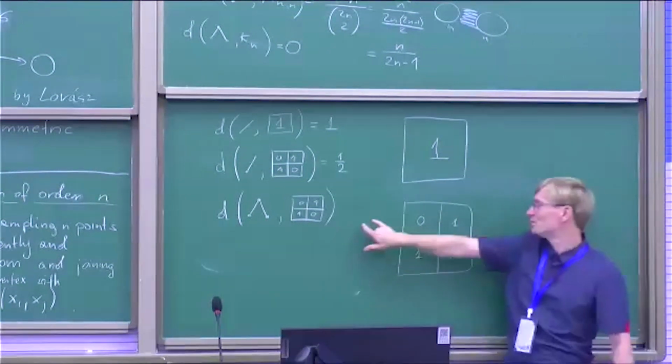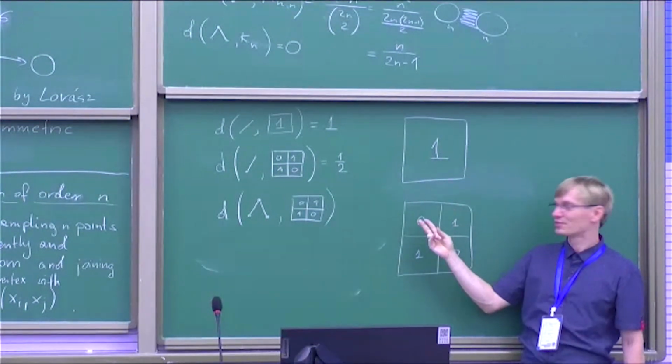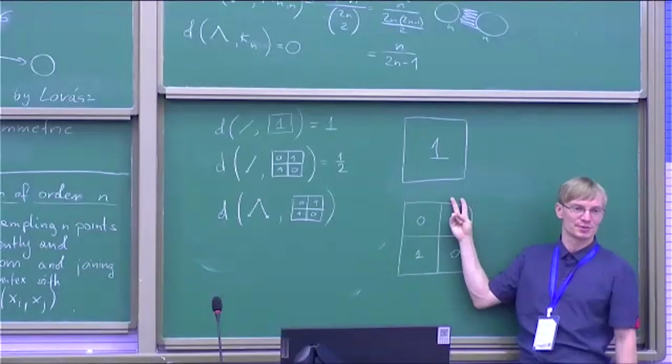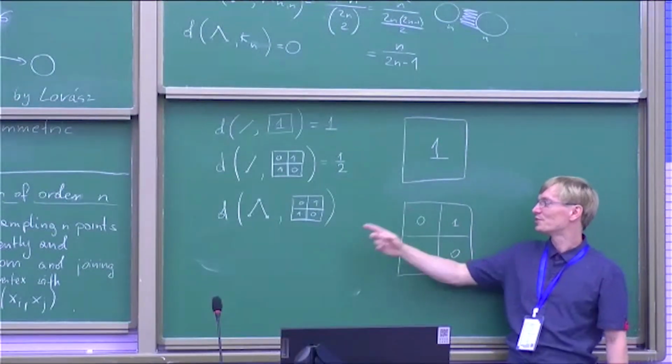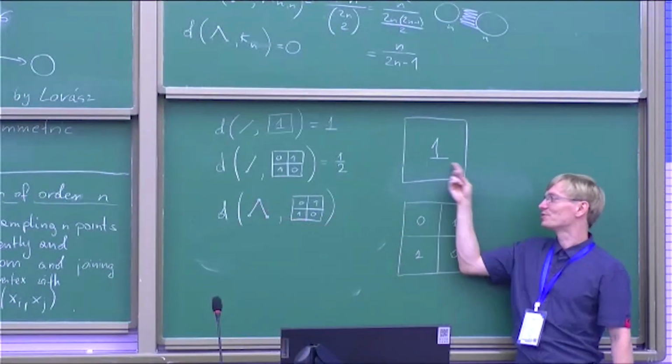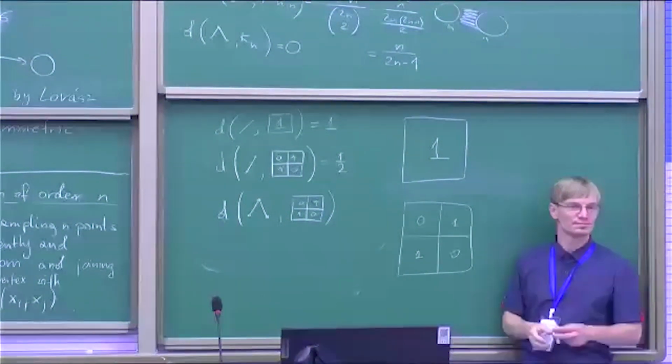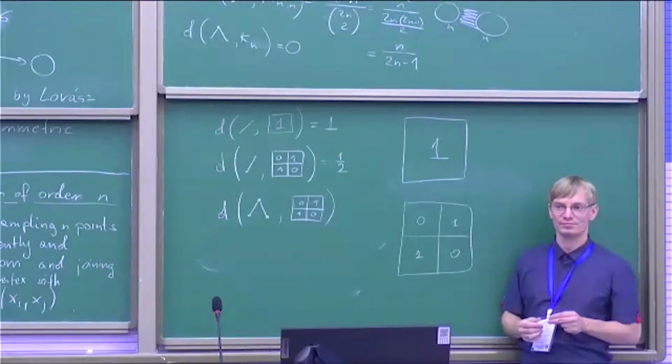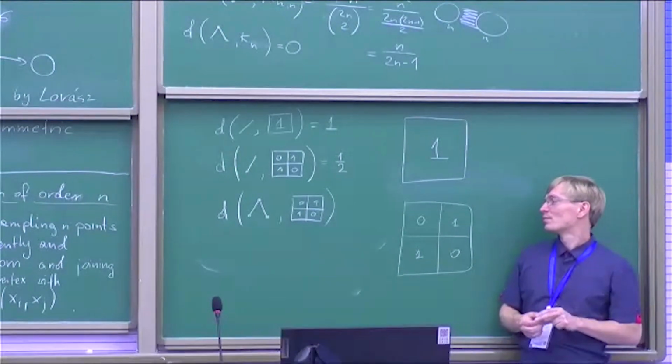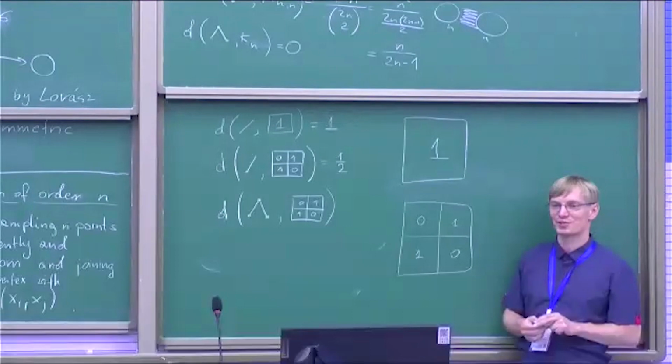So they need to be chosen from the same part, either from the first half or from the second half, while the remaining vertex needs to be chosen in the opposite part. Yeah, we are right. So what's the probability that I will choose two vertices in one part?